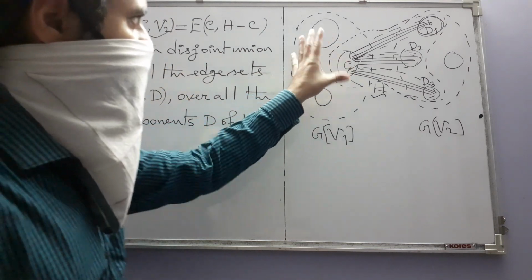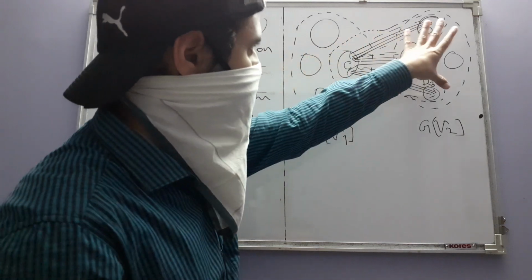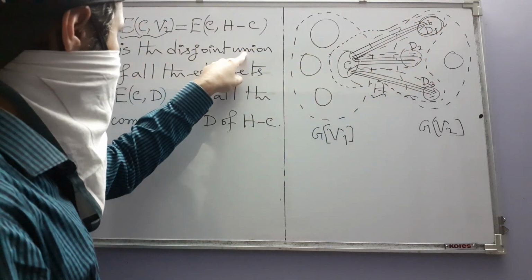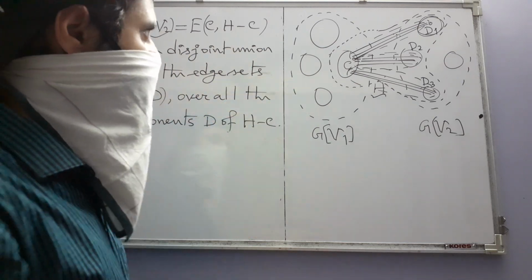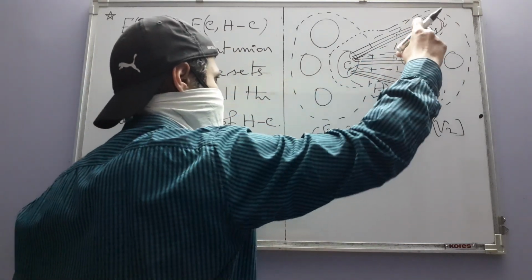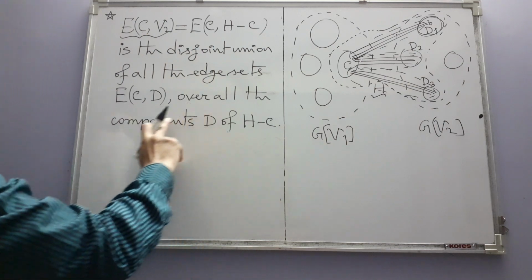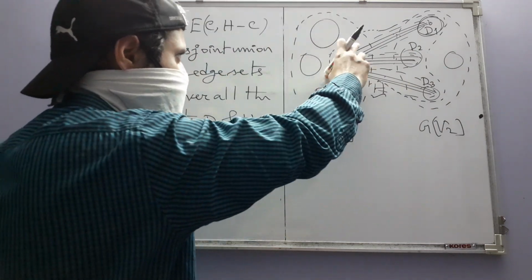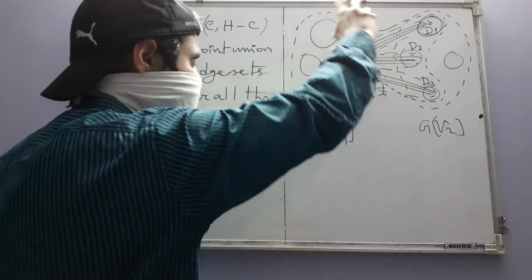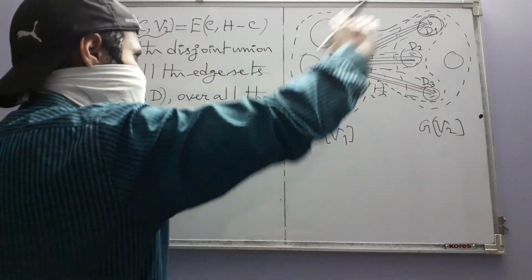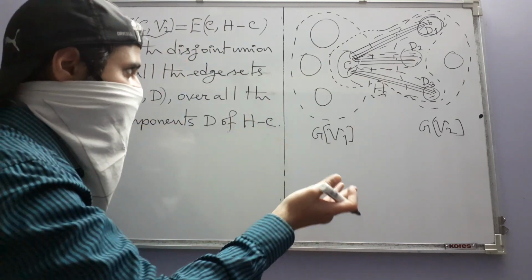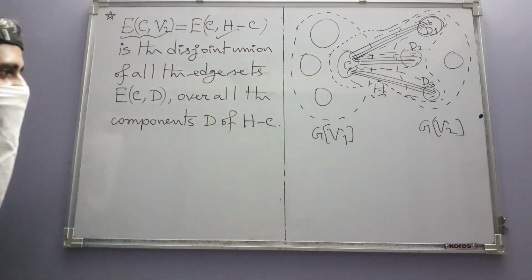And this entire set of such edges is going to be the disjoint union of all edge sets when you consider these components of H minus C. When you remove C from H, whatever components are left, all these connections will be disjoint and together they will give this set.